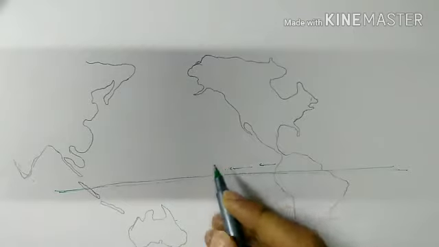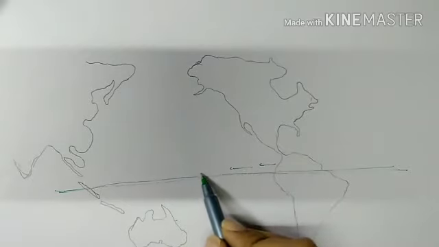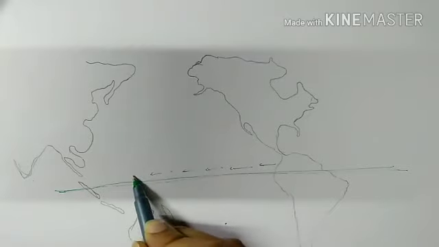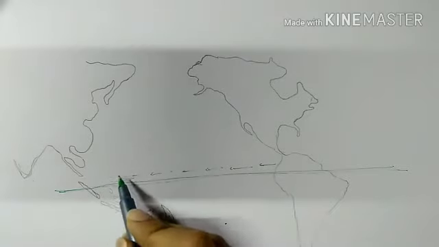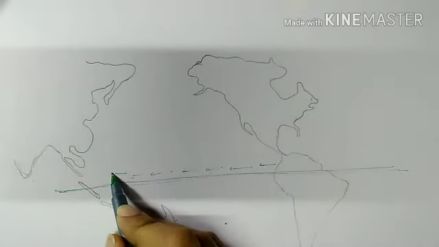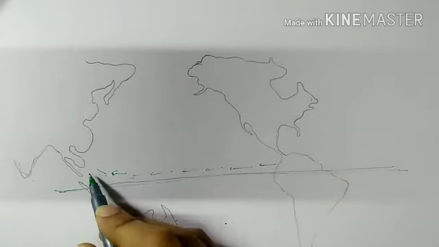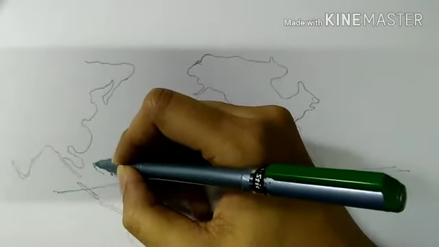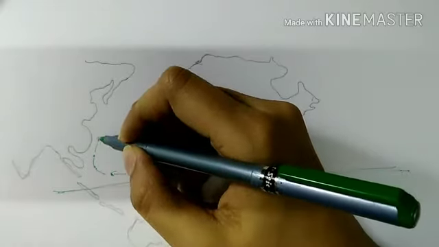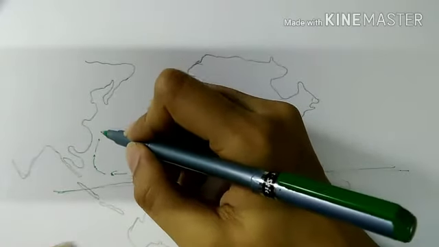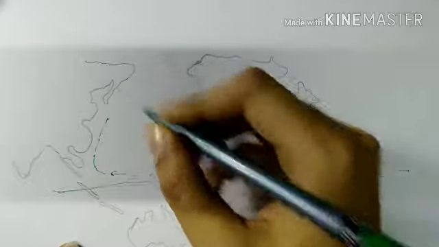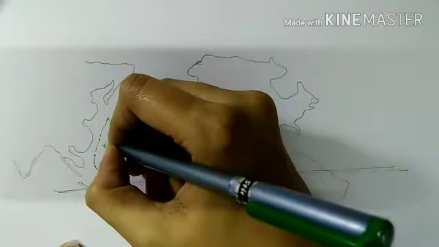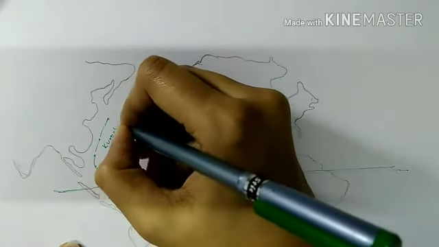So the North Equatorial Current moves towards the Asian coast. Because it strikes the land, it deflects its direction, and now it is known as the Kuroshio current. Okay, so this is our North Equatorial Current. Now this is known as the Kuroshio current.